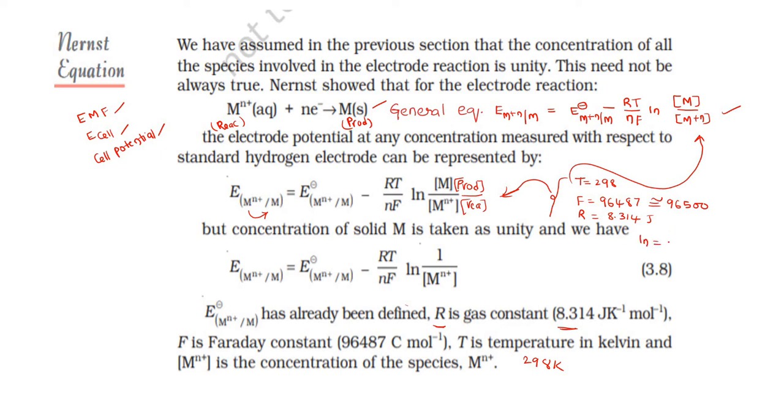ln, natural logarithm, is always equal to 2.303 into log. Now substitute this value also here. If you substitute all these things, what do we get? This formula we get.